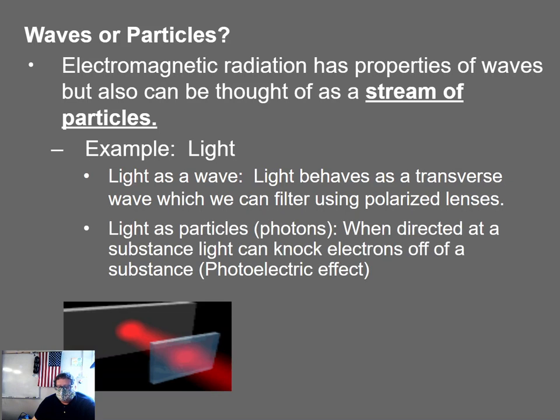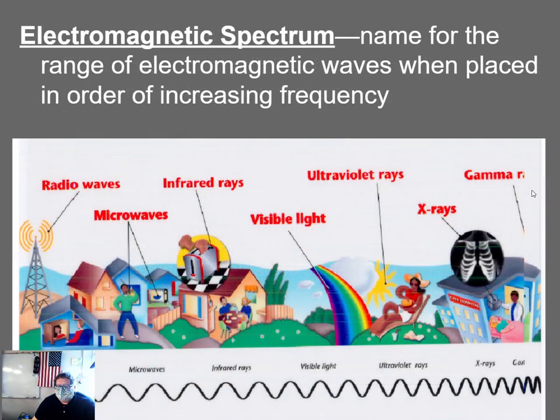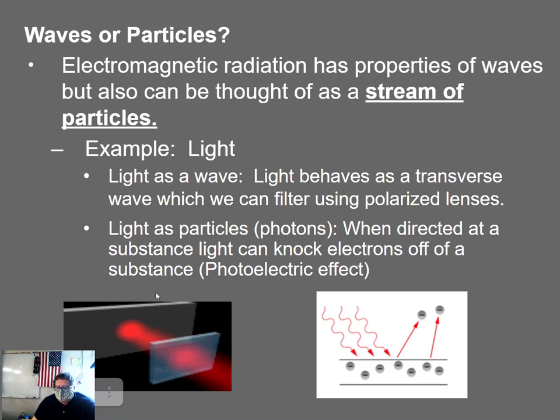Okay, we're going to talk more about this tomorrow. But I just want to point out that light has properties of waves and particles at the same time. So we're going to talk about 2 experiments tomorrow. One is called the double slit experiment, and one's called the photoelectric effect.